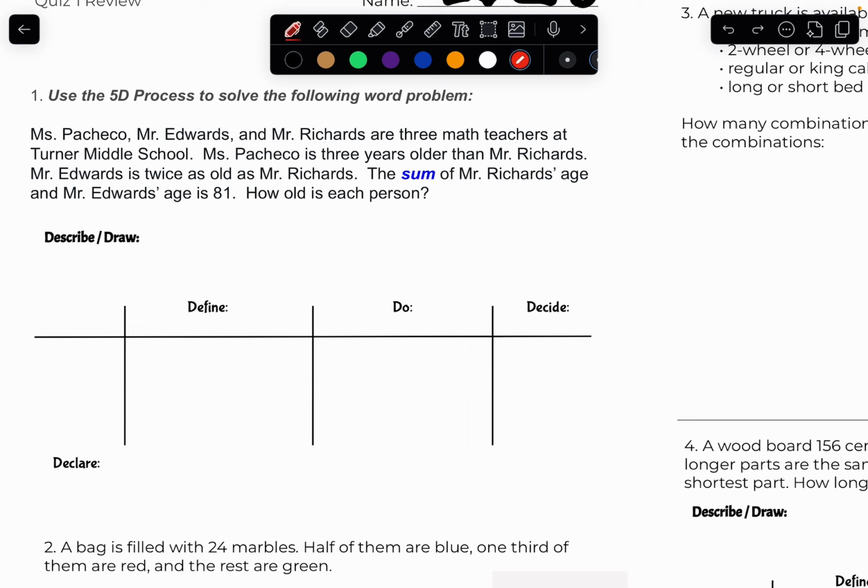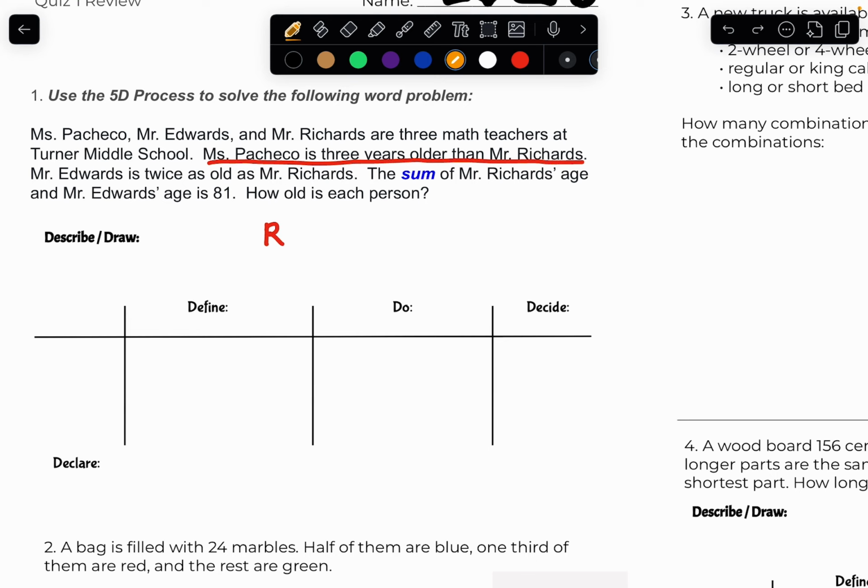What I'm going to do is underline the most important things, and I'm going to use an R for Richards, a P for Pacheco, and an E for Edwards. Maybe you did something different, but let's see if we get the same answer.